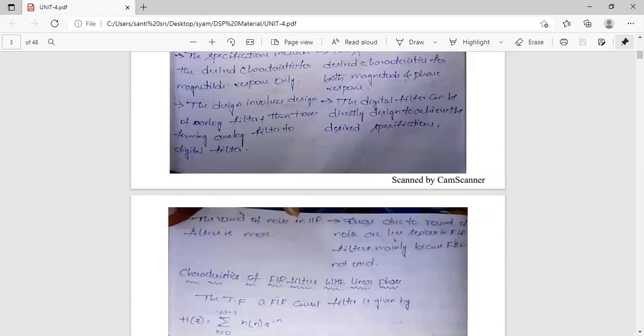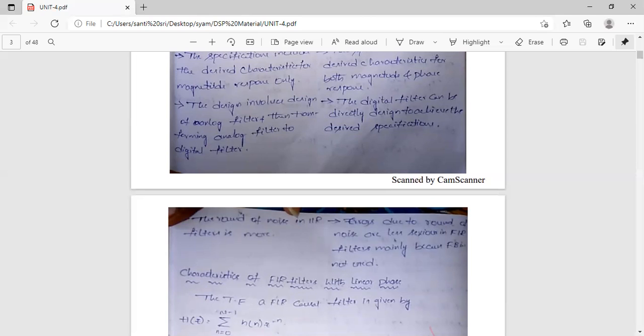Okay. Next, the last comparison is the round off noise. In IIR filters, the round off noise is more.